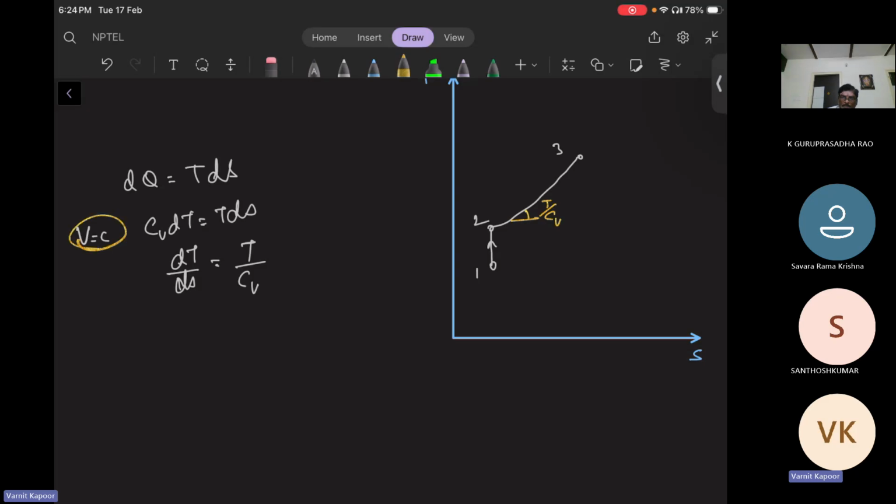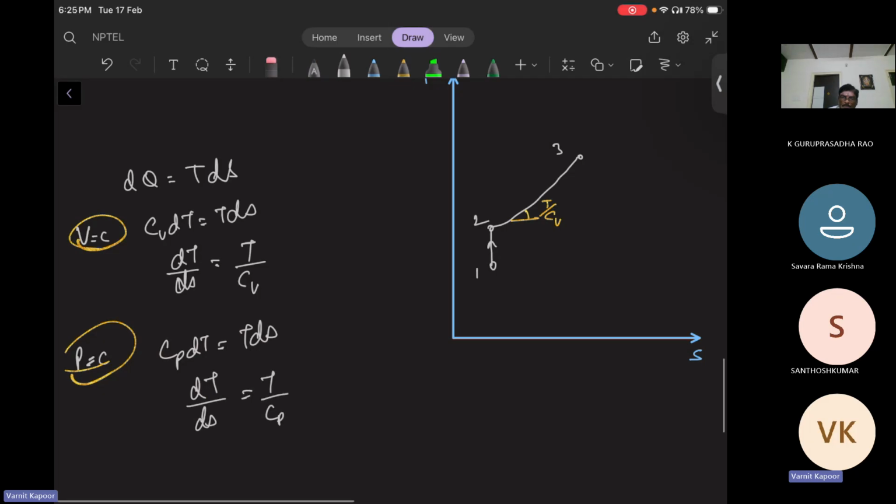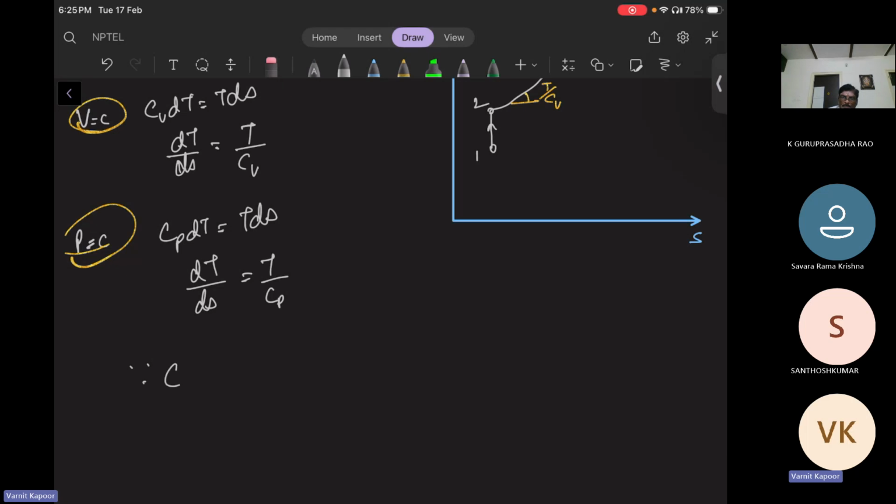And for a constant pressure process, dq is nothing but Cp dT equals TdS. So dT by dS is T over Cp. And we know that since Cp is greater than Cv, the slope of constant pressure is lesser than the slope of constant volume.